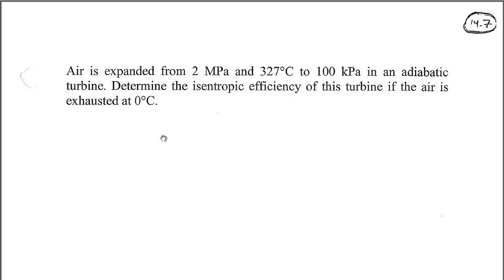But this is the exit state temperature for the turbine that we're analyzing, and so we have to treat that as the real device. So we treat this as the actual exit state temperature, or the real exit state temperature.